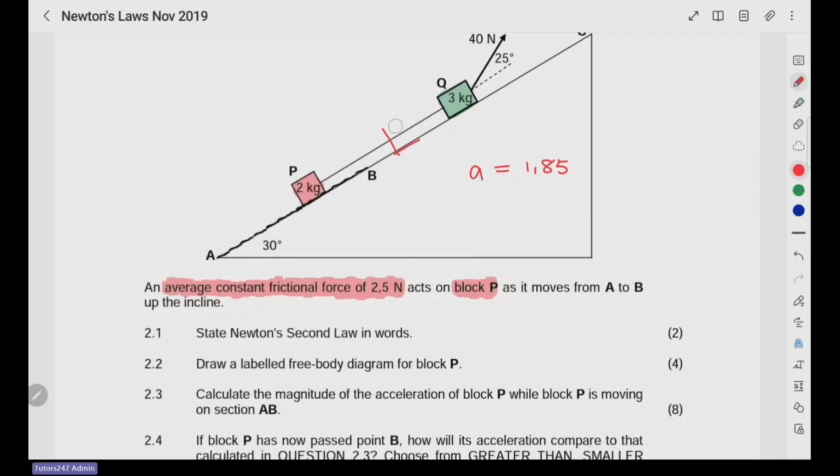So now in this case, because both blocks are on a smooth surface, both blocks would move faster. Whereas before, one was on smooth, one was on friction.